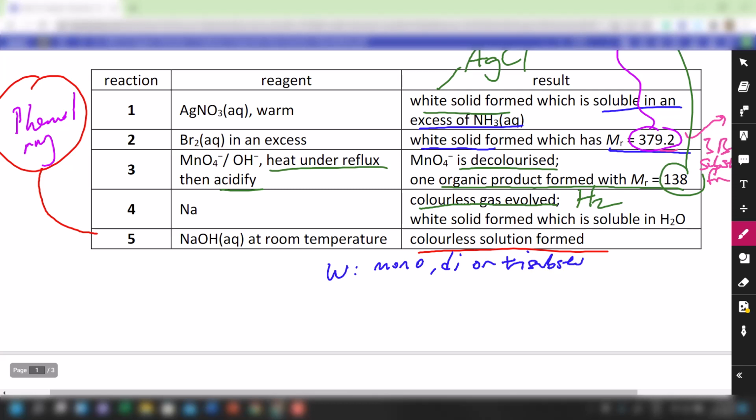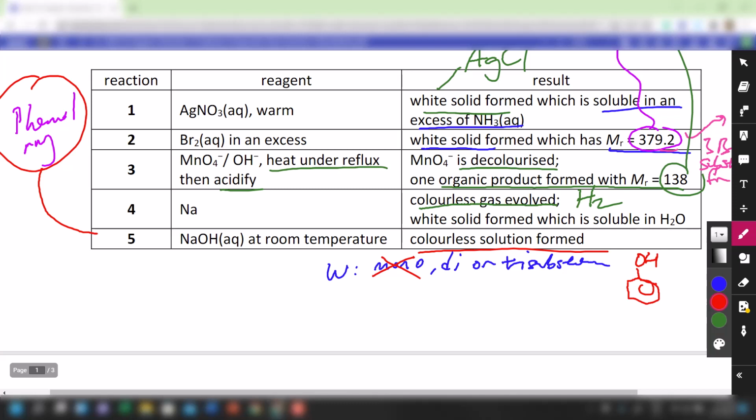Mono substituted is impossible because mono substituted can only be phenol, which is an OH directly bonded to a benzene ring. But you know that it must contain another functional group bonded at either the 2nd, 3rd, or 4th position.